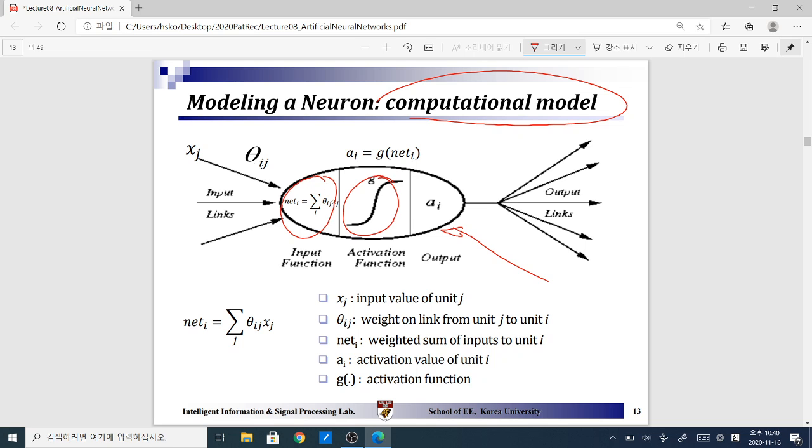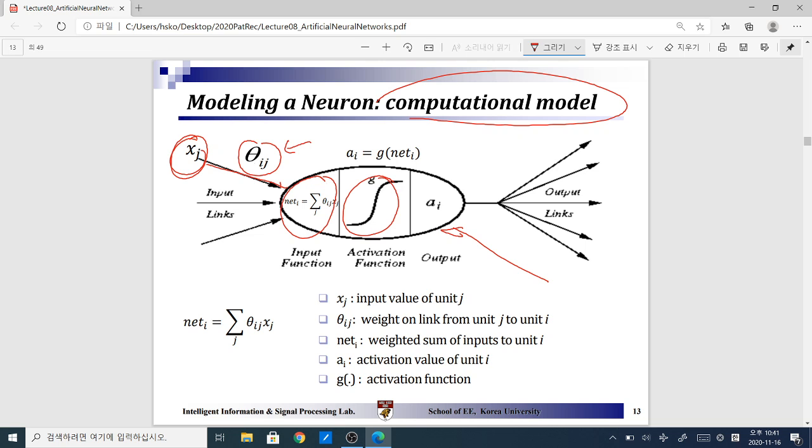What's coming into this neuron would be these feature values that perform certain excitation, and each of these features will be aggregated by means of these connecting wires.